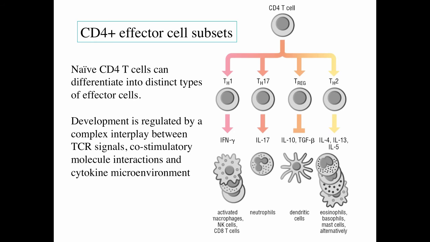So Th2 effector responses are often associated with allergic type inflammatory responses, whereas Th1 effector responses are associated with different types of inflammatory responses that are dependent on macrophage activation.